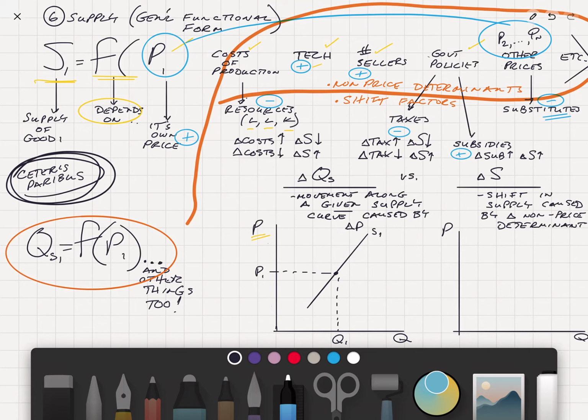What happens if the price goes up? According to our general or our functional form here, we know that the quantity will go up. What happens if price goes down?